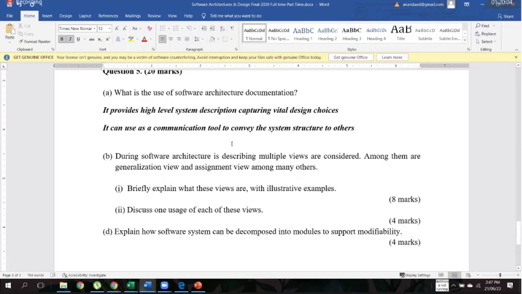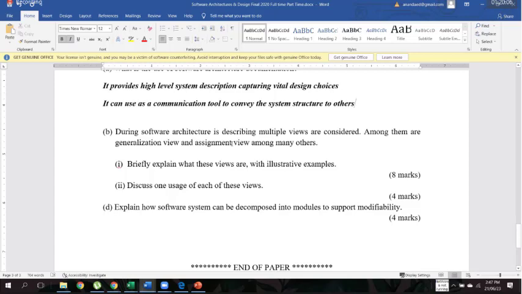These are the two main purposes of documenting software architecture. Then question 5 part B. It's asking, out of the 7 views we discussed, to describe in particular the generalization view and the assignment view. Briefly explain these views with illustrative examples.